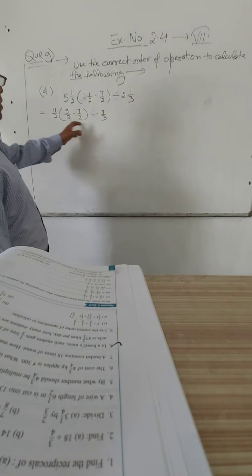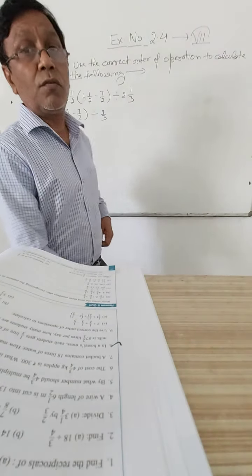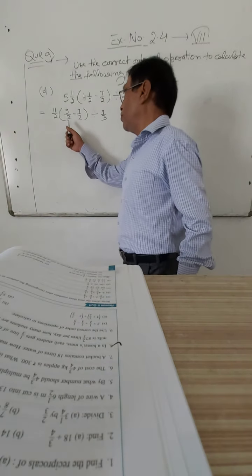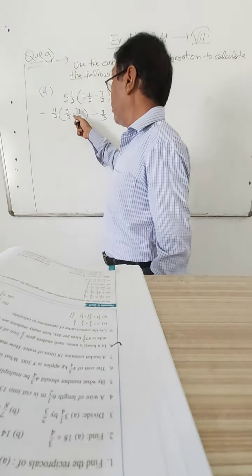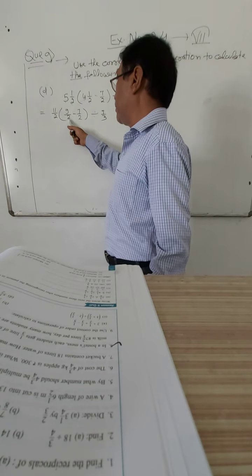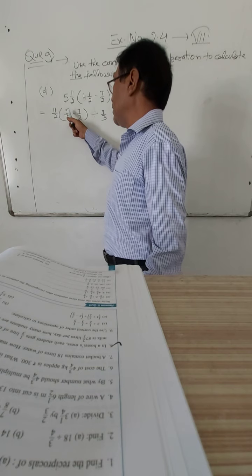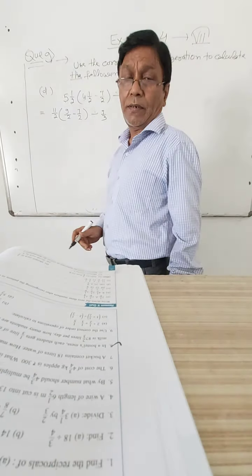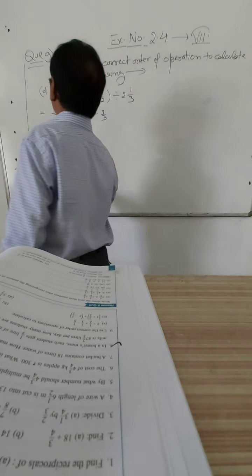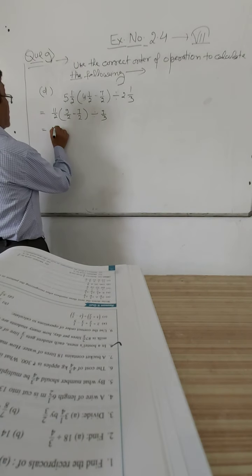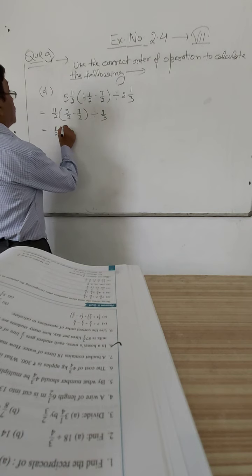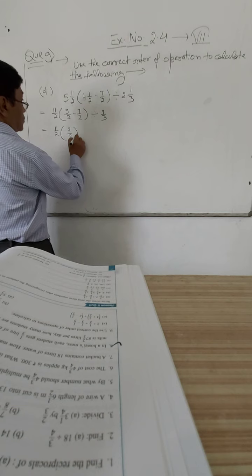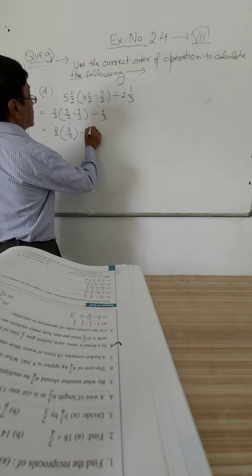Now out of this, first we will solve the bracket, inside the bracket. 9 by 2 minus 7 by 2: if the denominator is equal, directly subtract 9 minus 7. So this you can write 11 by 2, 9 minus 7, 2 by 2, divided by 7 by 3.